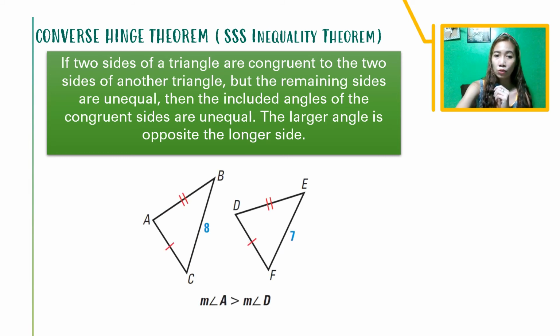We have here triangle ABC and triangle DEF. Why is it said that the measure of angle A is greater than the measure of angle D?